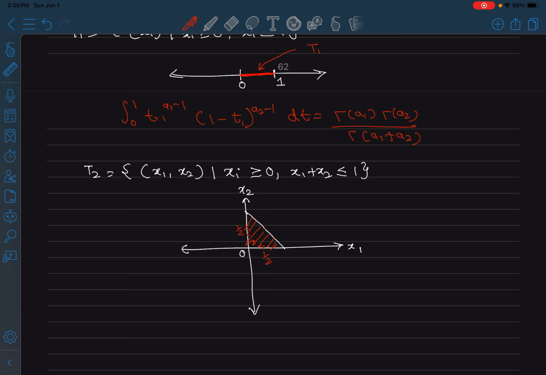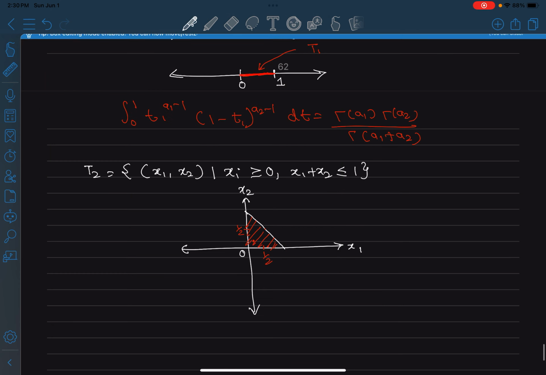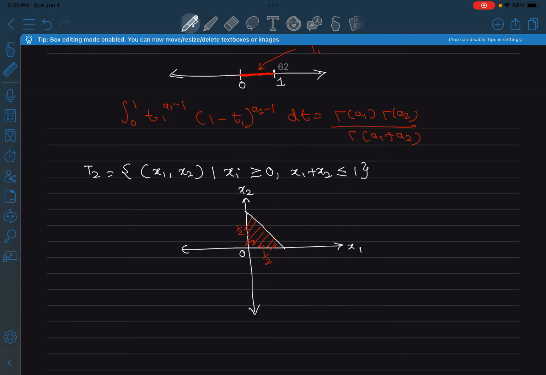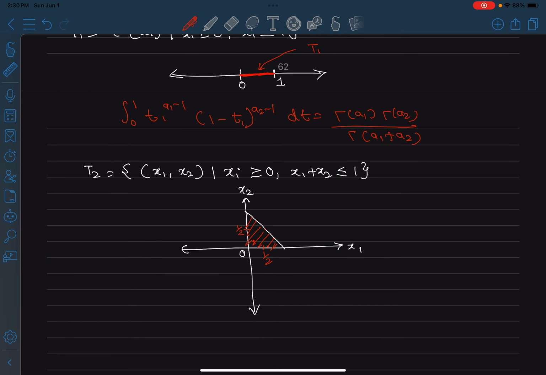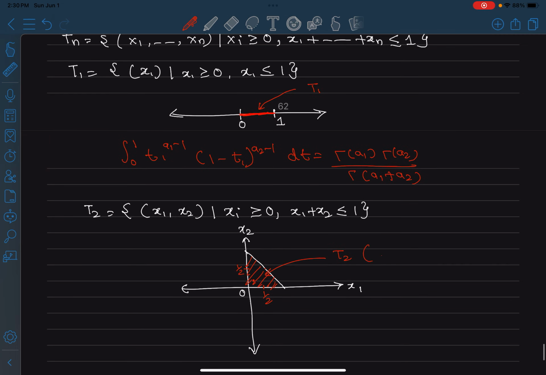So basically when you take the equality, that gives us the borderline, and since the origin satisfies the inequality, we know that all the points towards the origin from this line will satisfy it. So we get this domain, and this shaded region is basically our domain T2. So I can say this is our two-dimensional simplex.